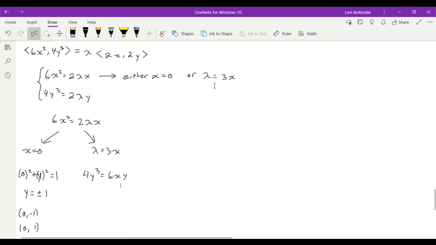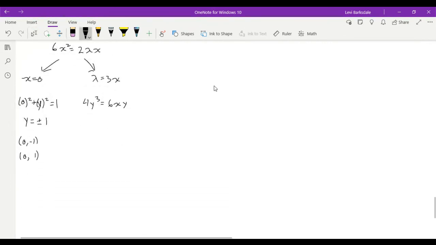From here, if we divide both sides by y, assuming that y is not equal to 0, we would get that x would then be equal to 4 over 6, which is 2 over 3 y cubed.